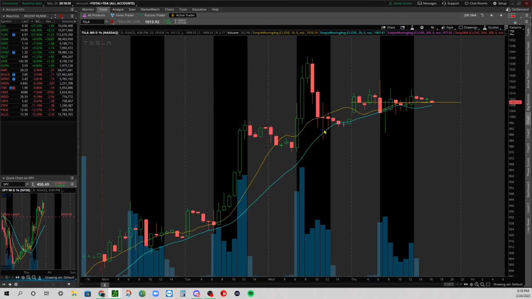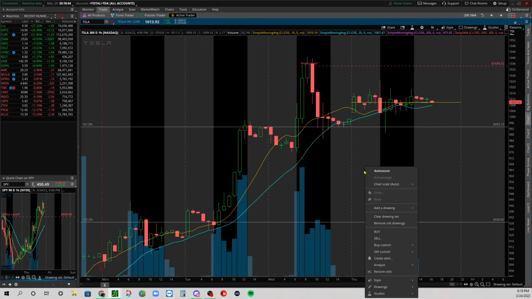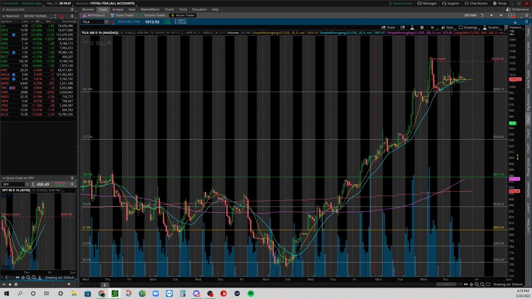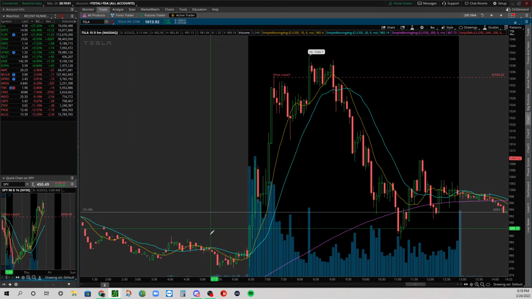I'm starting to use the 10, 20, and 200 SMA. I draw a line at the pre-market pullback, 1004. When I looked at the 5 minute, I see the 200 SMA had a confluence with that level, so I was confident going for the long.